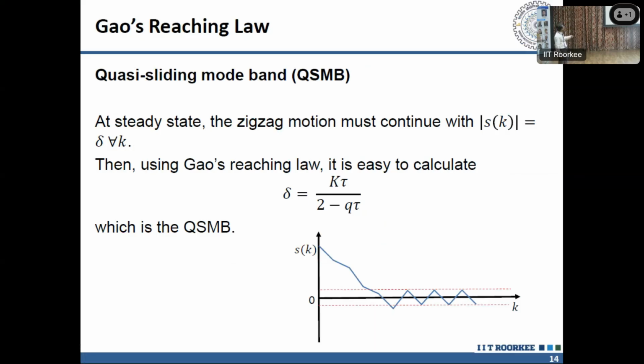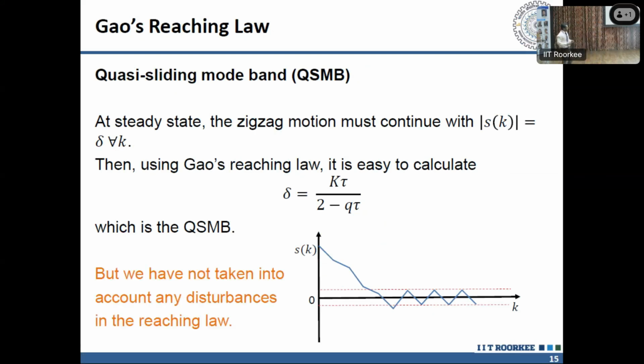So if you put Sk plus 1 as delta, Sk also as delta, then you can calculate what delta is, and it comes in relation to the parameters of the reaching law. To set the parameters k, q, tau is already known, so you will be able to evaluate your delta, and this is the quasi-sliding mode band within which the trajectory will stay.